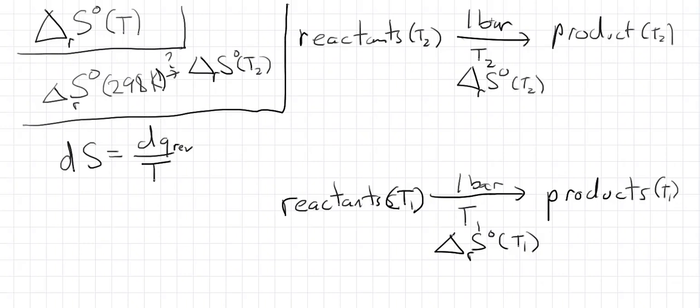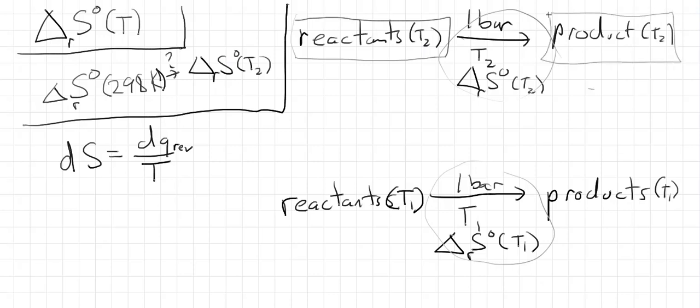So how can we get this up here by using this? Well, we can do this by making a cycle. So we can say, okay, I really want to go from this square here to this other square here. And if I could do that, I could get this delta S. So what we want to do is make this path from reactants to products at the new temperature.